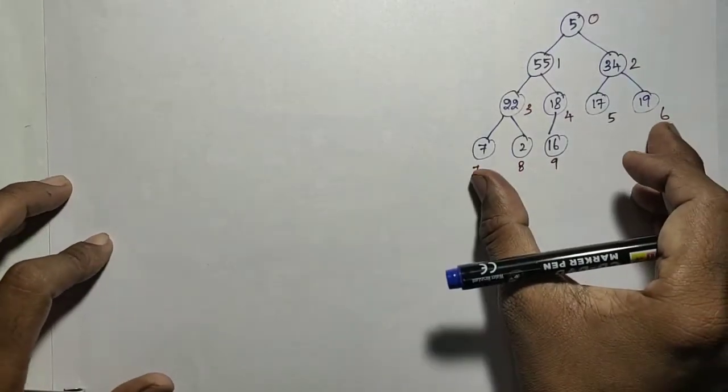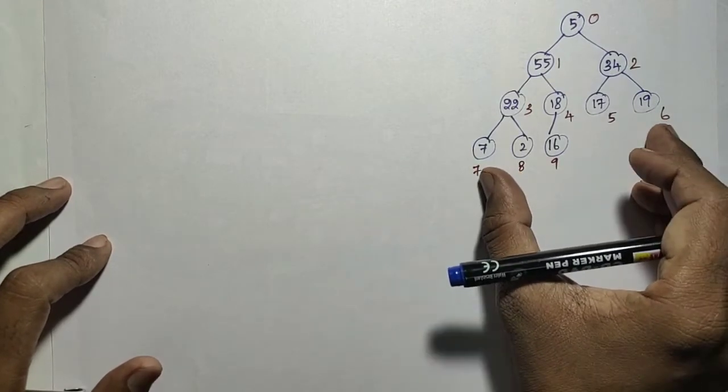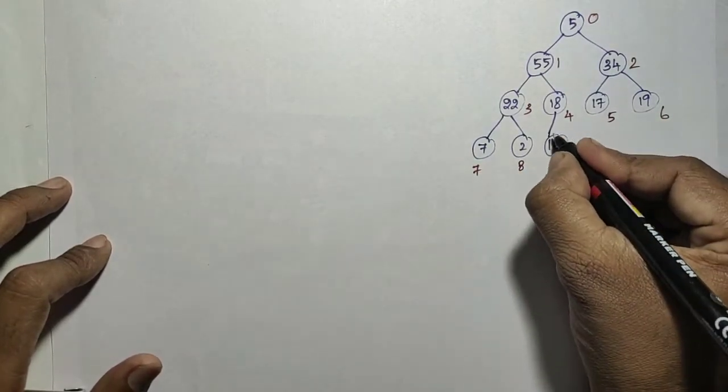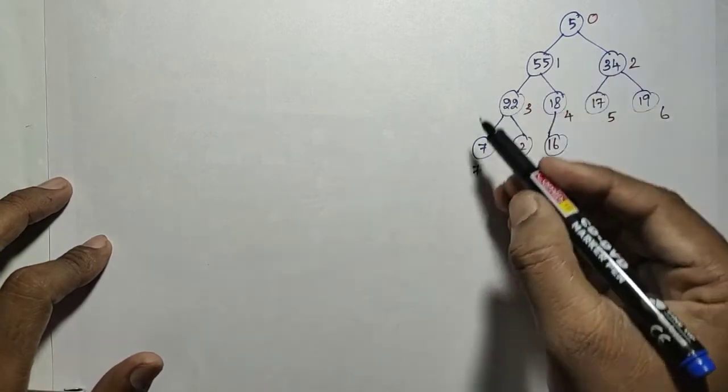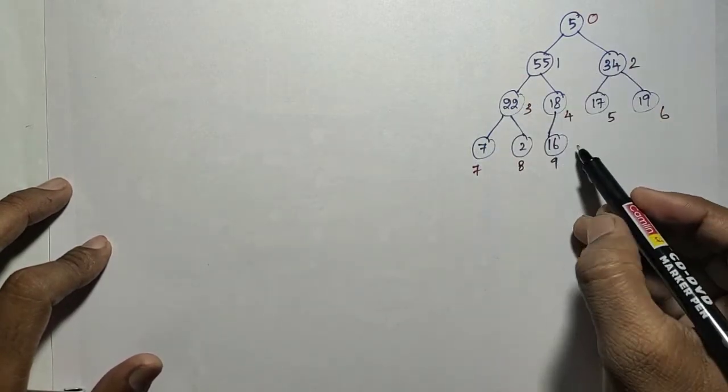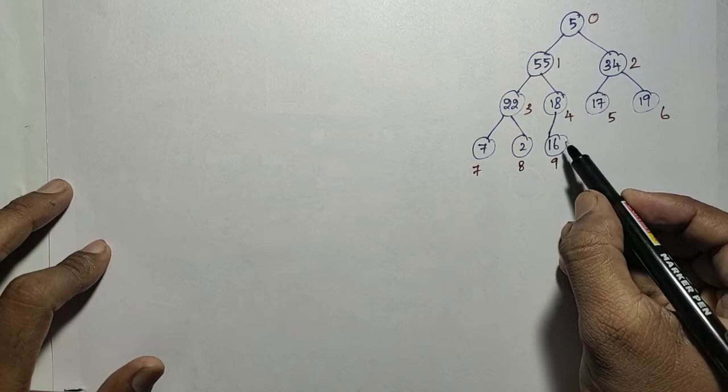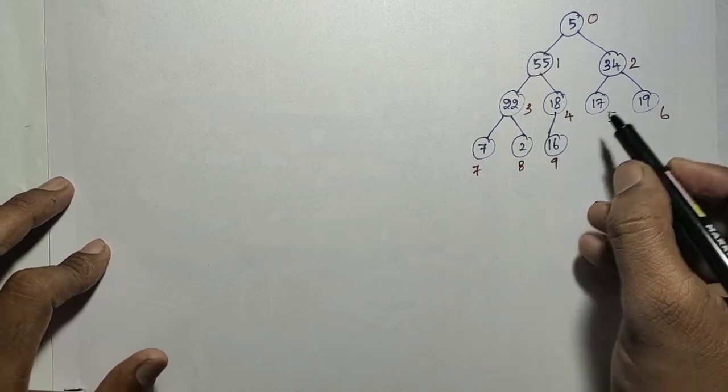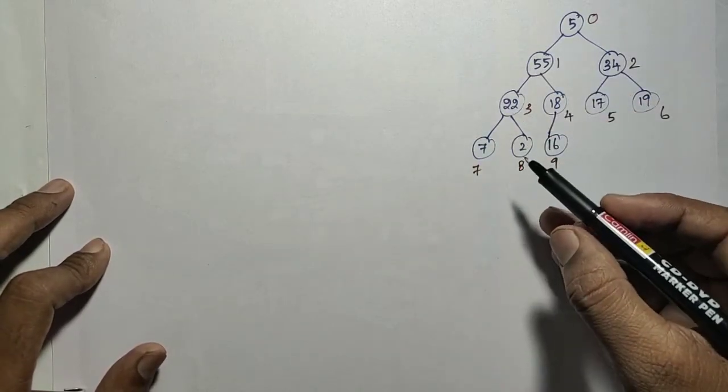So consider this heap. It is an array of 10 elements, viewed as a nearly complete binary tree.